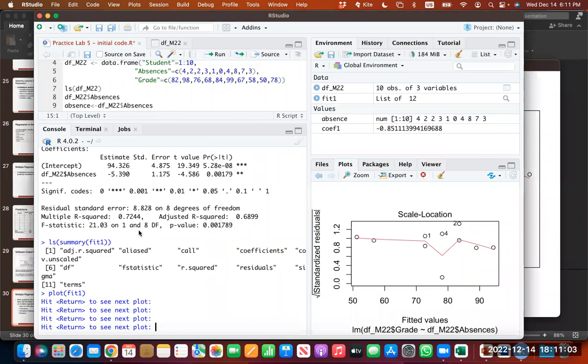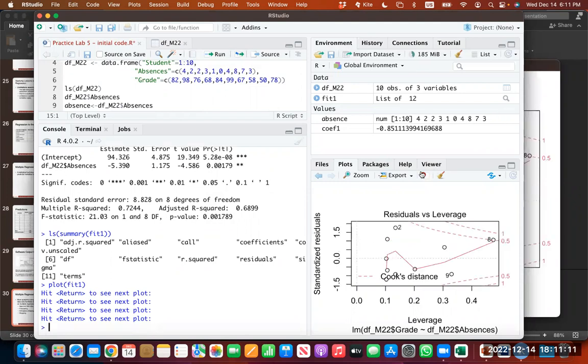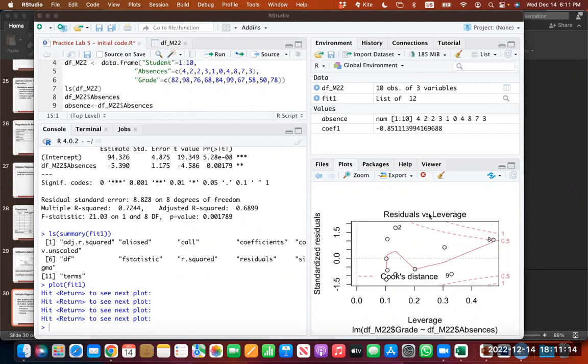And you also test for homoscedasticity, that the variability does not change across the magnitude of your values. You just press enter. It says hit return to see next plot, and that gets you to the next plot.